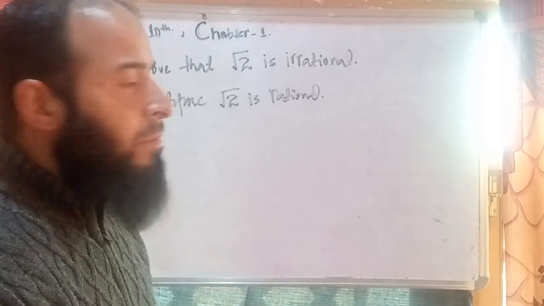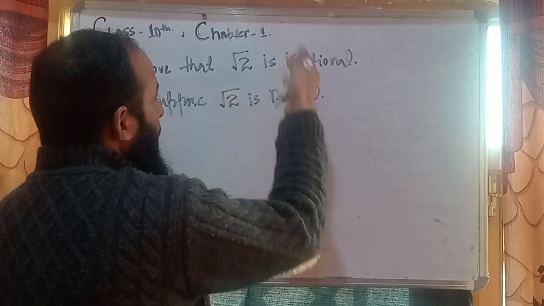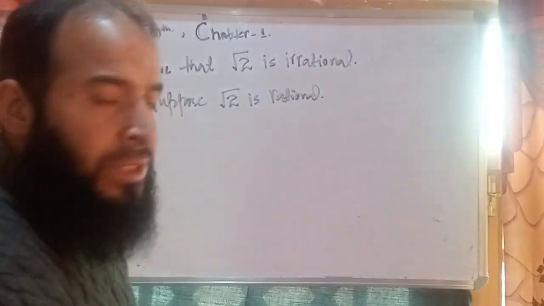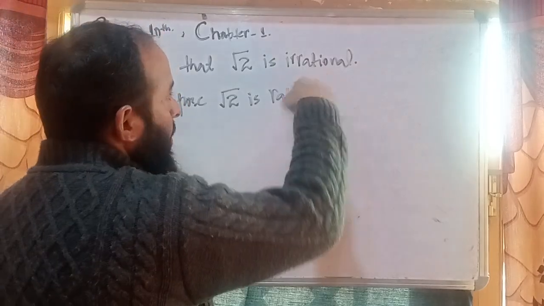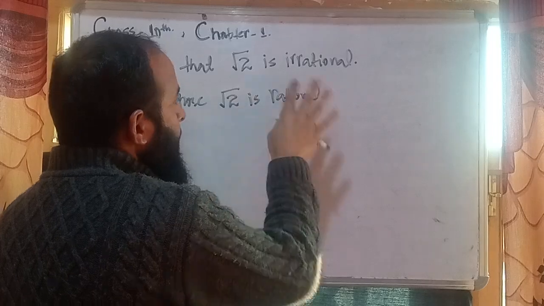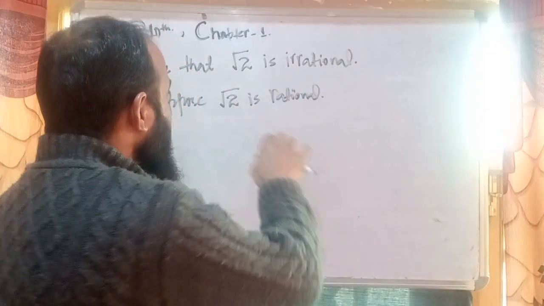And what is the contradiction method? Given that we have to prove root 2 is irrational, in contrary to this we will suppose root 2 is rational, and we will contradict our supposition.